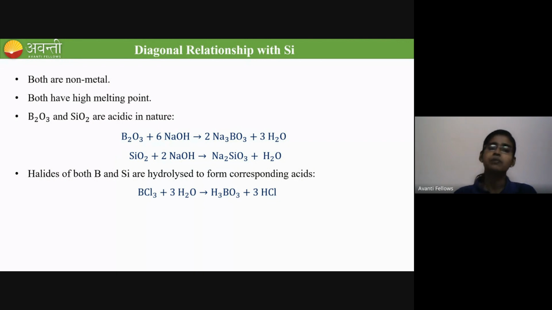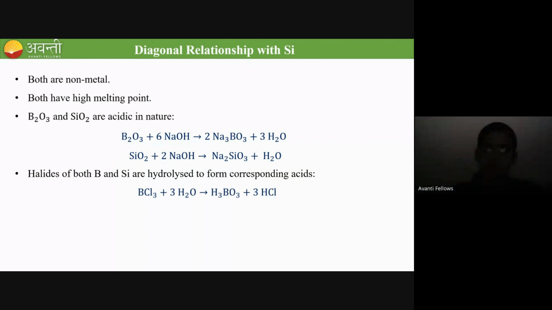So I have taken boron trichloride. When boron trichloride is hydrolyzed with water, it forms H3BO3. So H3BO3 is boric acid. It forms the acid, and 3 hydrochloric acid are also coming out.